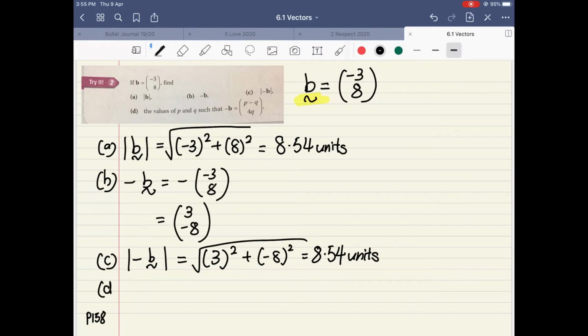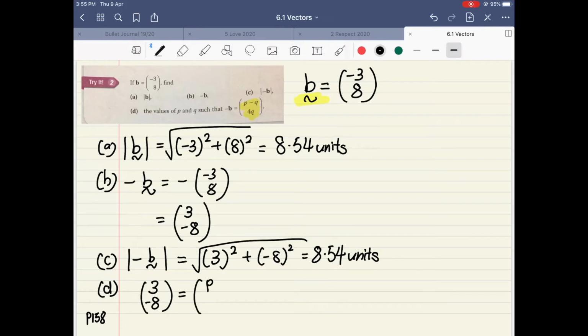Right, now I look at part D itself. Alright, they say that negative B is equals to P minus Q and 4Q. Please be careful. All these inside here are variables. They are not vectors, so do not get confused over here. So I'll start to equate and say this. 3, negative 8.